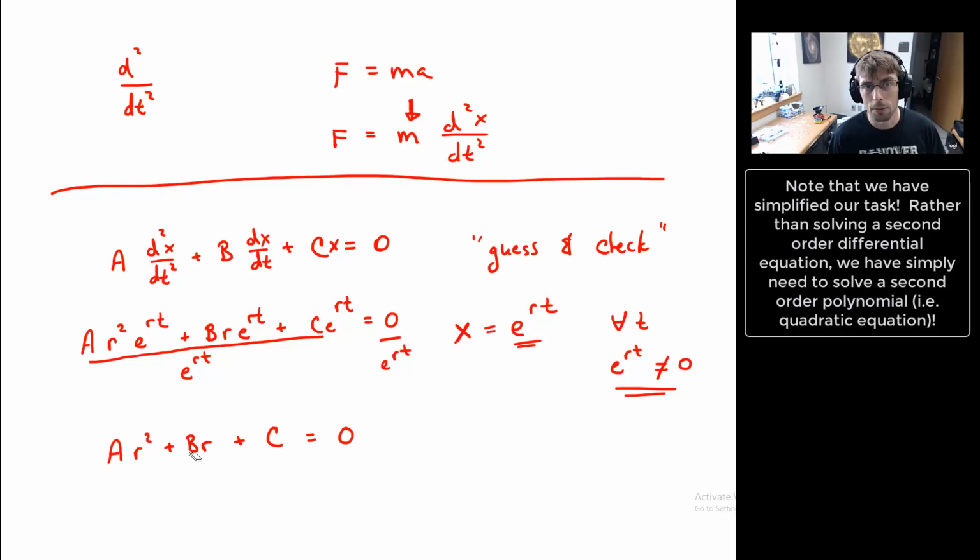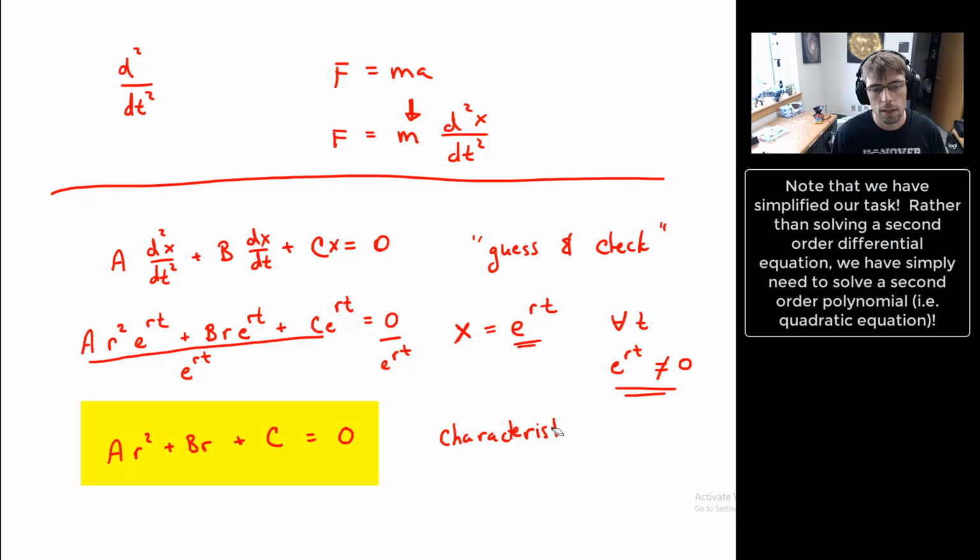Now in math terms, if you run into this in a math class, this is what's called the characteristic equation. And you generally use the characteristic equation to determine what r has to be in terms of a, b, and c.